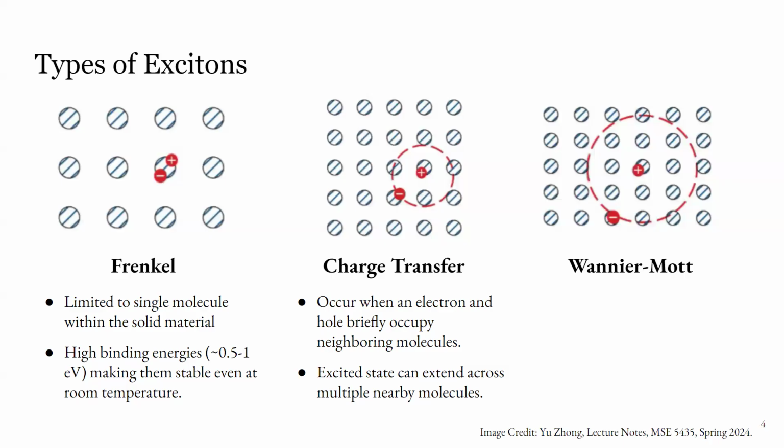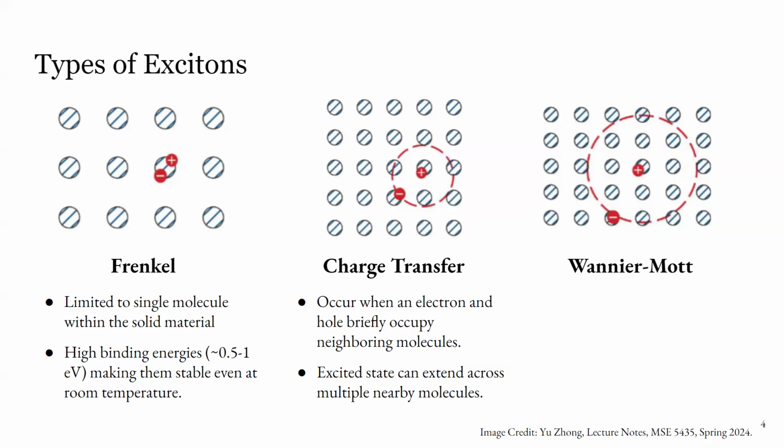The excited state of these excitons can spread across multiple nearby molecules, especially when the molecules are closely packed, as you can see in this example. Materials with significant charge transfer characteristics in the organic realm often exhibit optical properties similar to Frenkel excitons. Despite primarily behaving as conventional excitonic materials, they also share key traits with chemically bonded inorganic semiconductors.